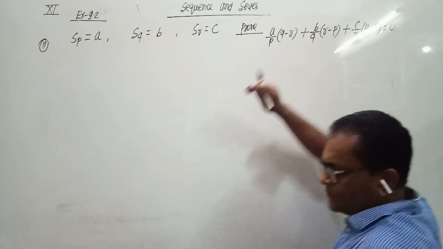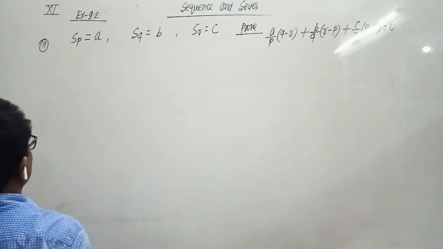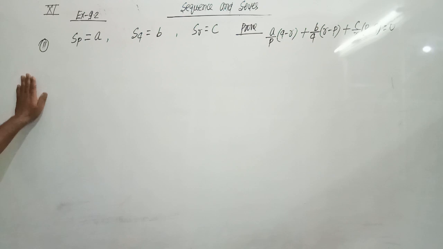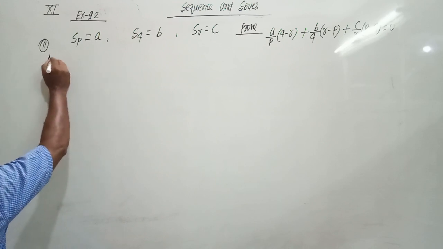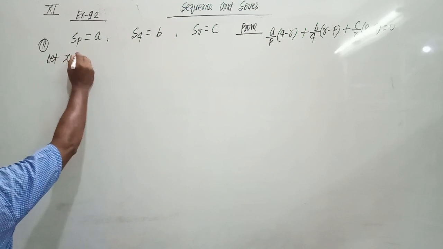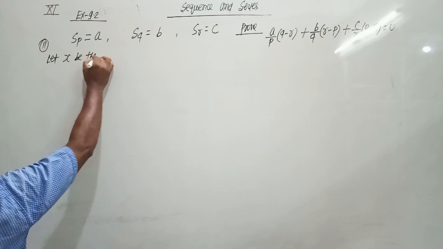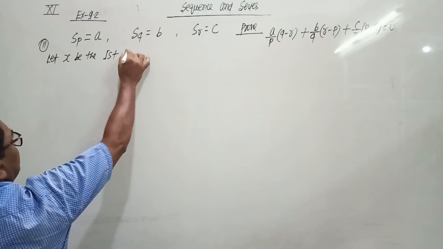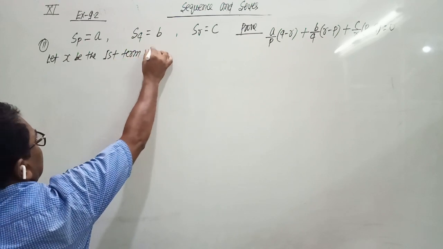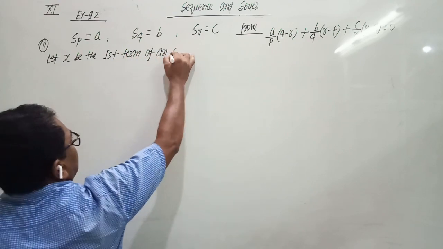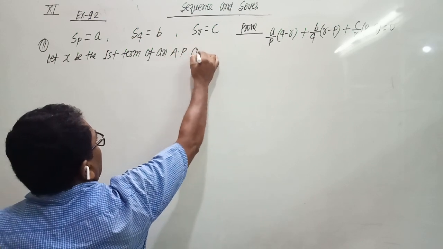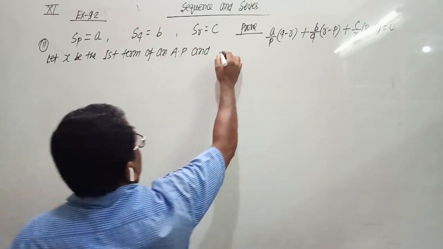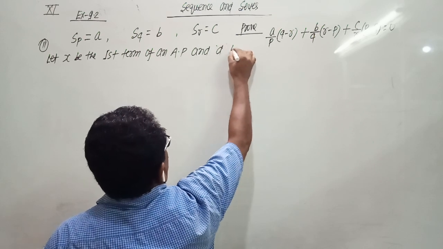This we have to prove. So let the first term of the AP be x, and let d be the common difference.